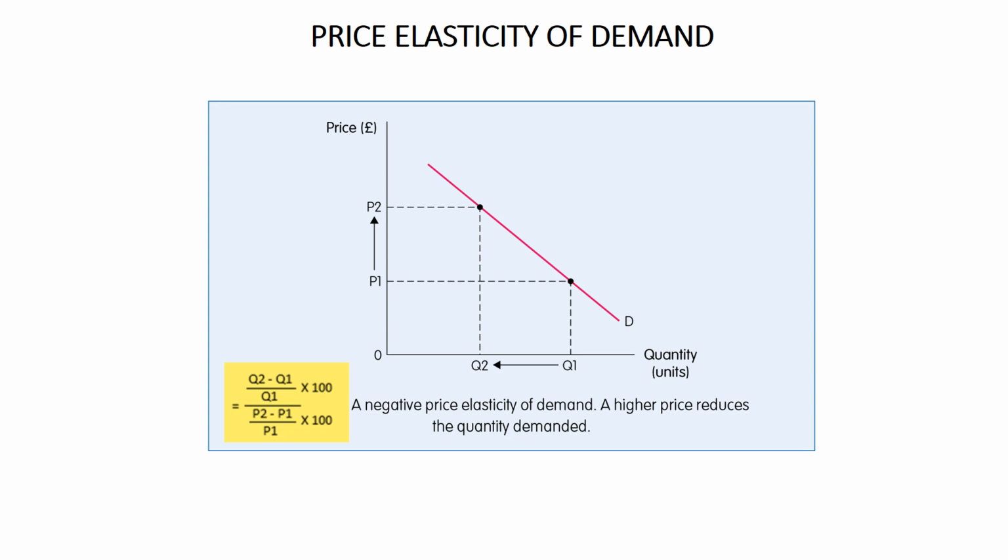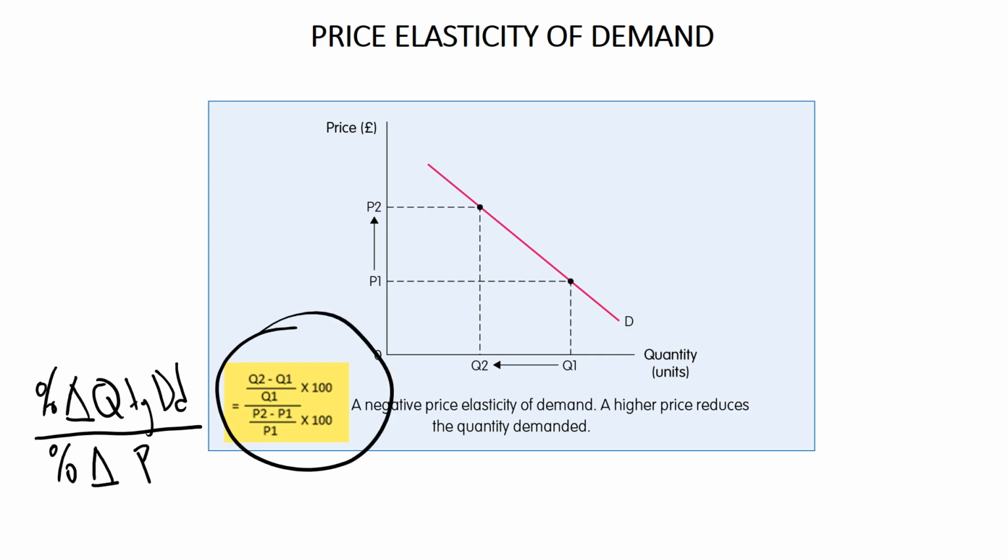We also said that the formula to compute price elasticity is percentage change in quantity demanded, just like we saw in the last slide, divided by the percentage change in price. Now we said you can use this formula here because it gives you the same thing. So Q2 minus Q1 over Q1 times 100, that's your percentage change in quantity demanded.